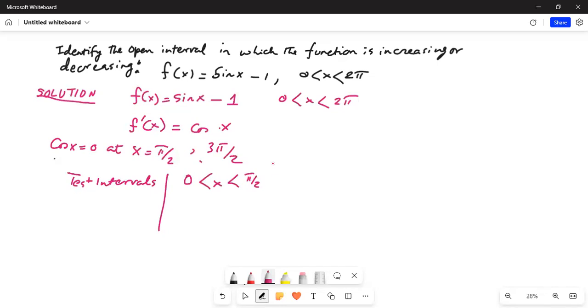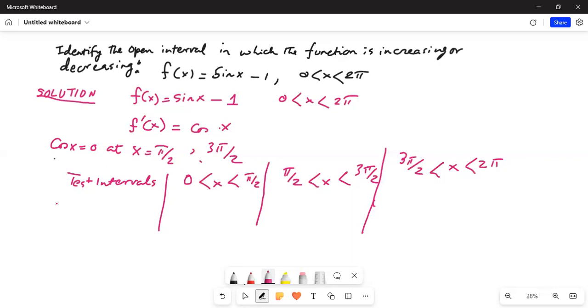The next interval will be x between pi by 2 and 3 pi by 2. And the last interval will be x between 3 pi by 2 and 2 pi. Okay, so these are my test intervals.